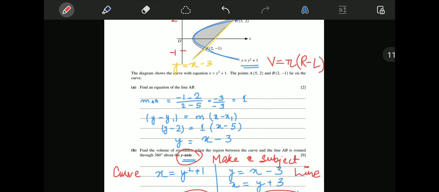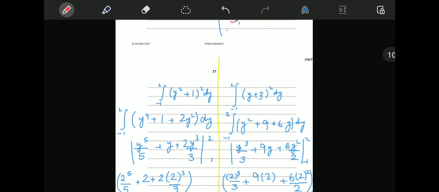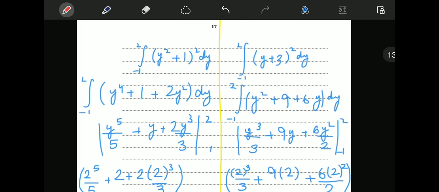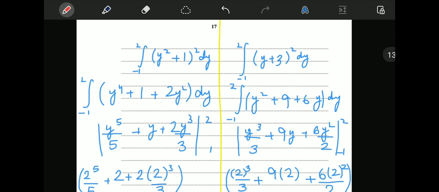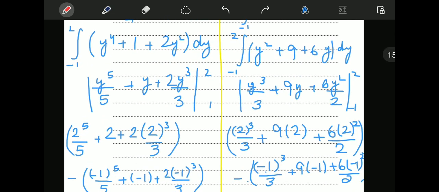Okay, so first you will integrate both sides, apply the limits, and then we'll apply this volume formula. Obviously first open this square for both sides, this side and this side, and then we'll integrate it.